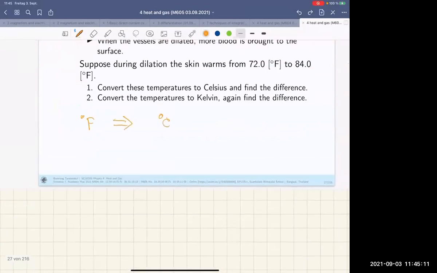So the next question is to convert the temperature from Fahrenheit to Kelvin. It's not difficult in this case whenever you are able to convert the temperature to Celsius.